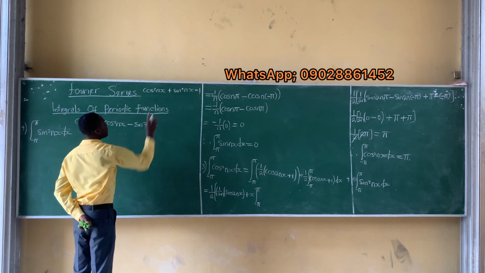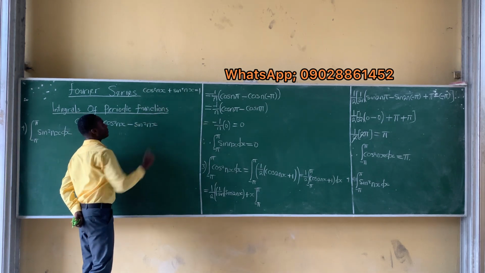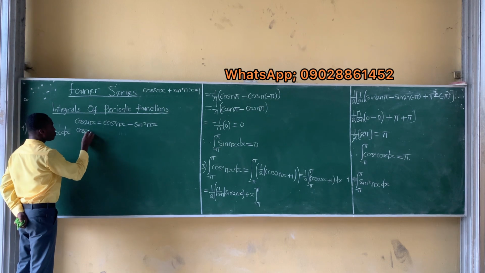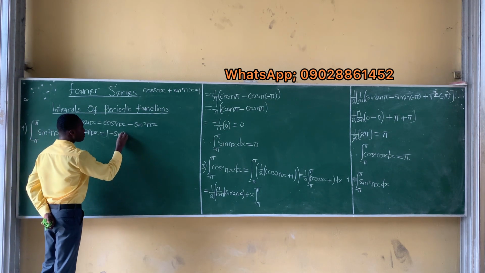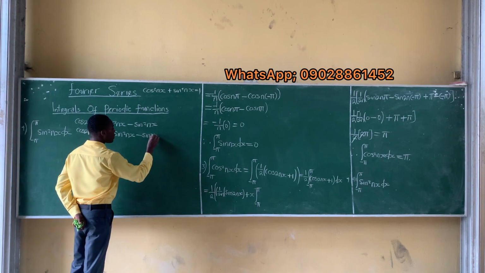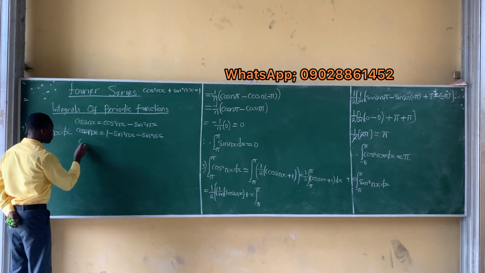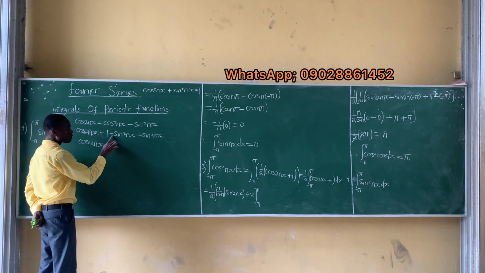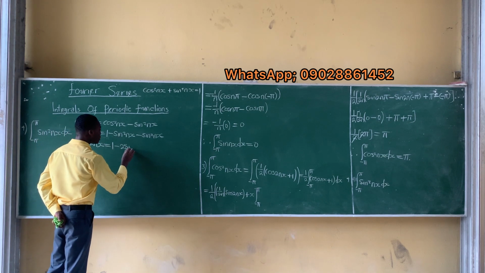So if you make cos square nx subject of formula, you have 1 minus sine square nx. So this means that we have cos 2nx equal to 1 minus sine square nx minus sine square nx. So this means that cos 2nx will be equal to 1 minus 2 sine square nx.